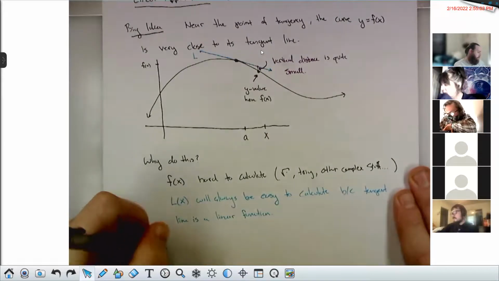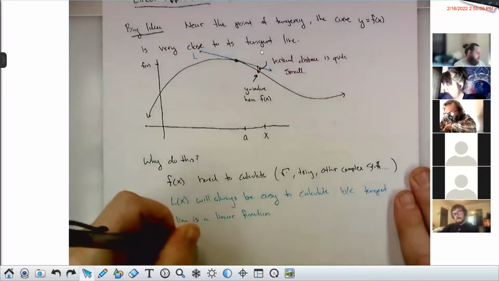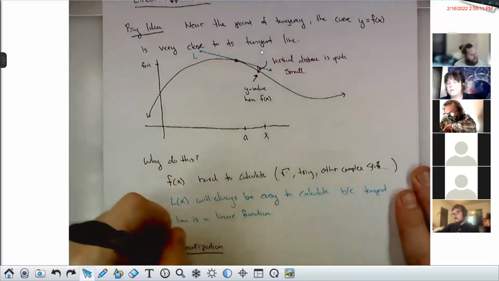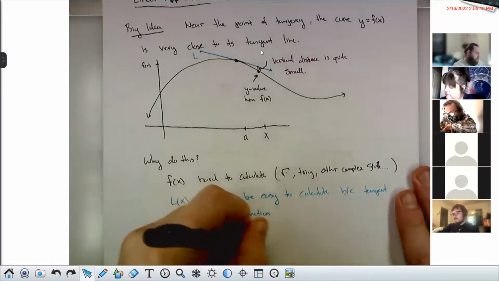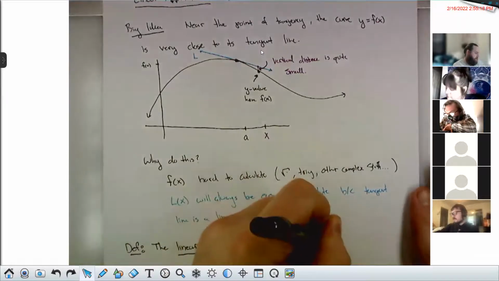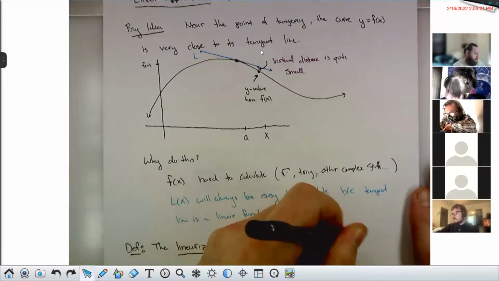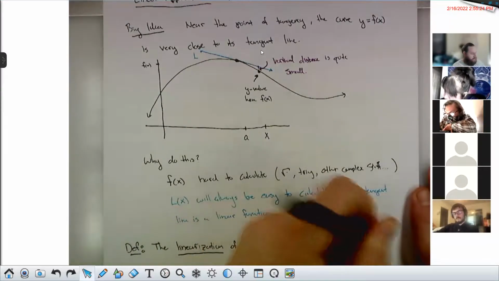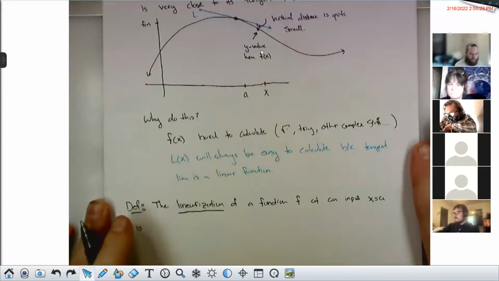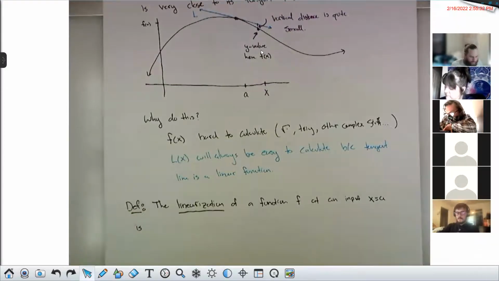The linearization of a function f at an input, say x equals a, is, and there's two ways to think of this. I'm going to give you a formula, but here's how I want you to think of it. It's the tangent line solved for y. It's the tangent line written as a function.